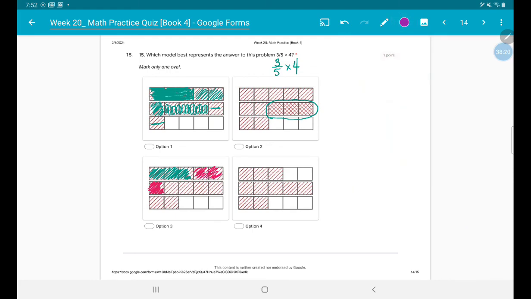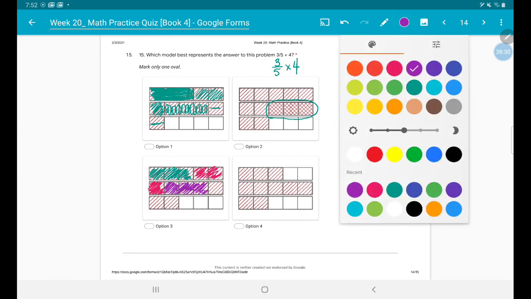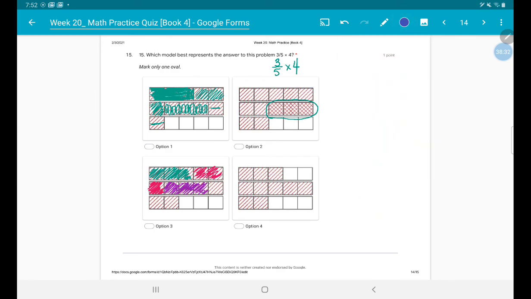So there's my second group. Let's do 3/5 again. 1, 2, 3 fifth size pieces. And we're looking for our fourth group. 1/5, 2/5, 3/5. Option 3 is correct.